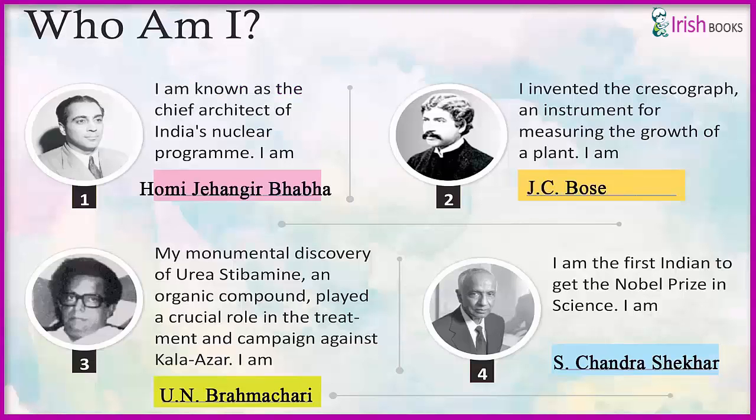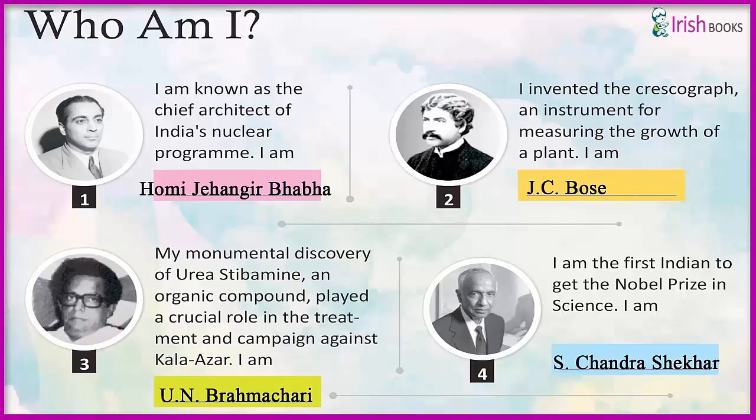Who am I? I am known as the chief architect of India's nuclear program. I invented the cresograph, an instrument for measuring the growth of a plant. My monumental discovery of urea stibamine, an organic compound, played a crucial role in the treatment and campaign against Kala-Azar.